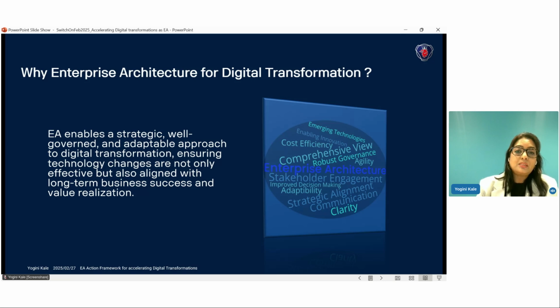And this approach essentially helps you to ensure that technology is the enabler for the long-term success and transformation in your organizations.